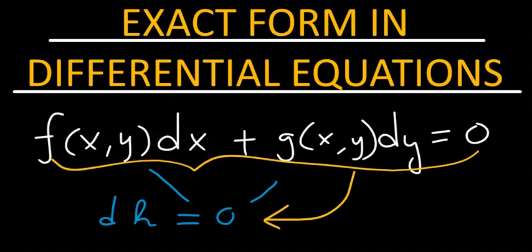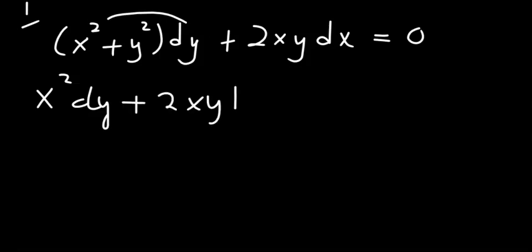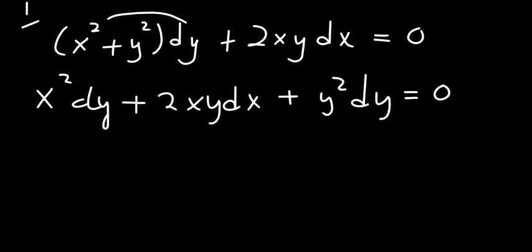Now let's look at a few examples. Example 1. How do we turn this equation into a perfect differential? We can do that by combining this term with that term and letting this stand alone. So let's rewrite the above line in the following manner: x squared dy, so that's that times that, plus 2xy dx plus y squared dy equals 0.